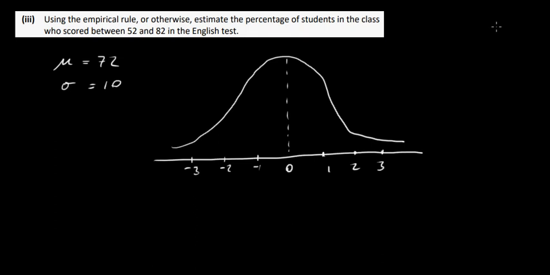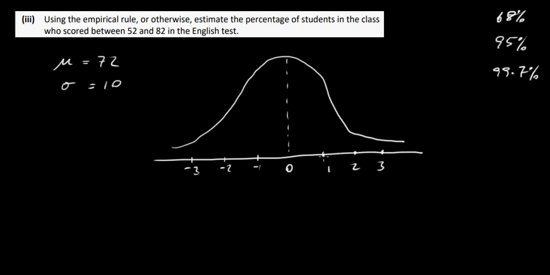And the 3 numbers you really need to be aware of when you're talking about the empirical rule are 68%, 95%, and 99.7%. So 68% of the data, of any particular data, will be within one standard deviation.